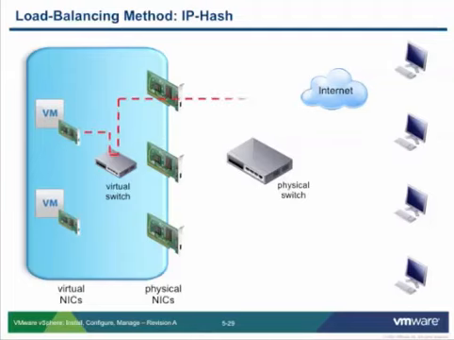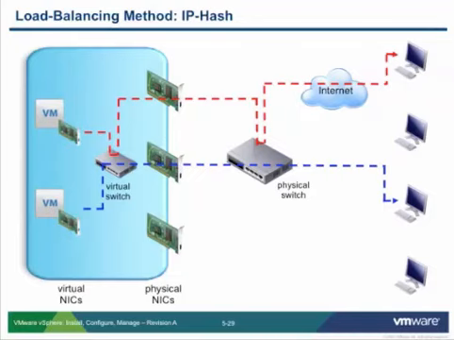The first virtual machine decides he wants to send traffic out over the network here to that first external guest we see at the top right of the screen. And so it has the IP address of the VM, the source, and the IP address of that external guest, the destination IP address, and it decides based on those two that it's going to send traffic out that first physical network adapter card.